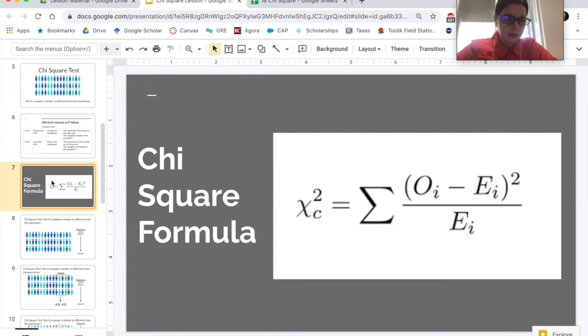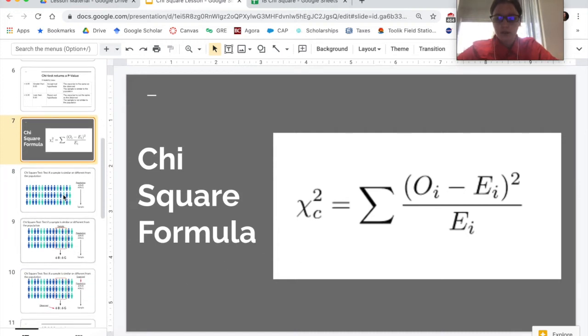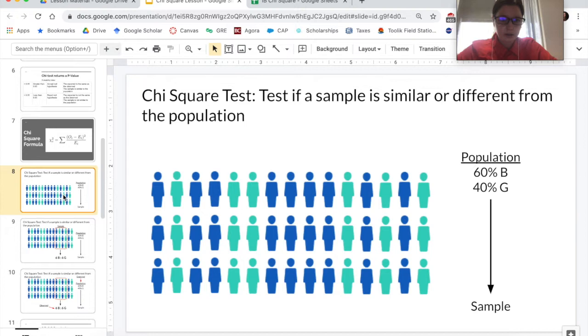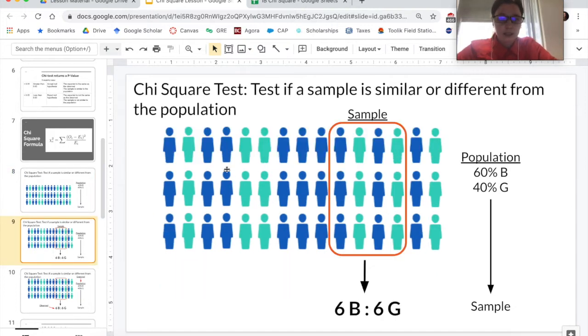Now, there's a formula involved in the chi-square test. It looks like this, but we're going to break it down in Google Sheets. So we have our population, and we know that the population is about 60% blue and 40% green. Now we want to take a sample of the population. This is our sample.